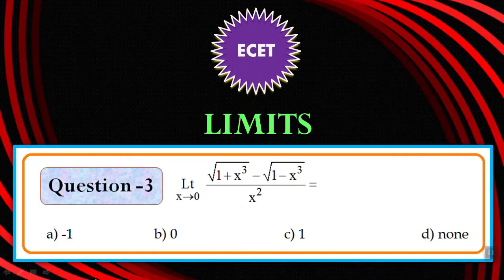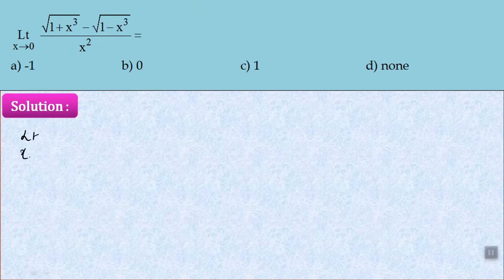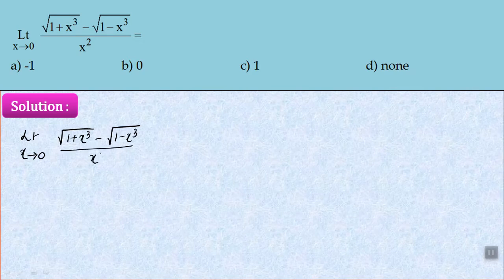Dear students, see question number 3. Read the question and write it. Here the question is limit x tends to 0, square root of 1 plus x cube minus square root of 1 minus x cube, divided by x square.